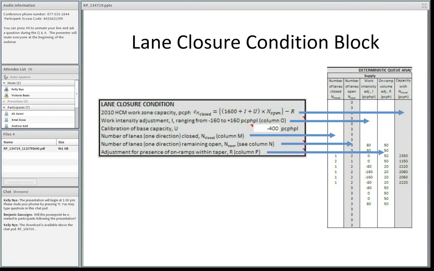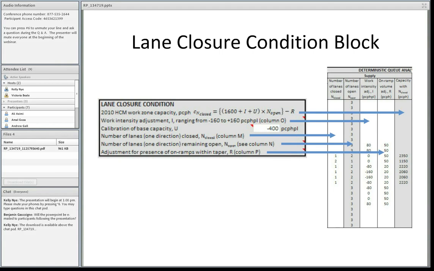And the other entries are the number of lanes that are open and an adjustment for ramps. And these are specifically for on-ramps within the taper area of the lane closure. And this is basically due to the interaction of oncoming vehicles into the main lane of open traffic. Okay?